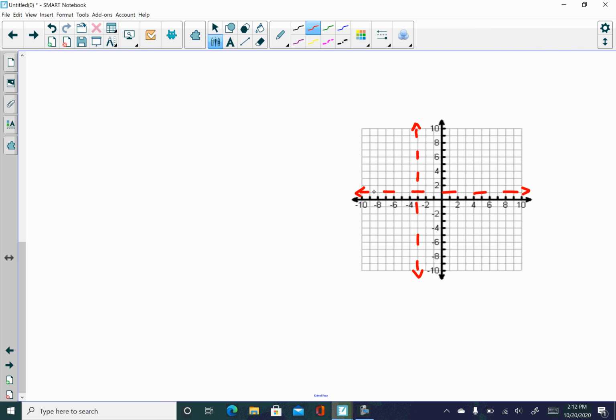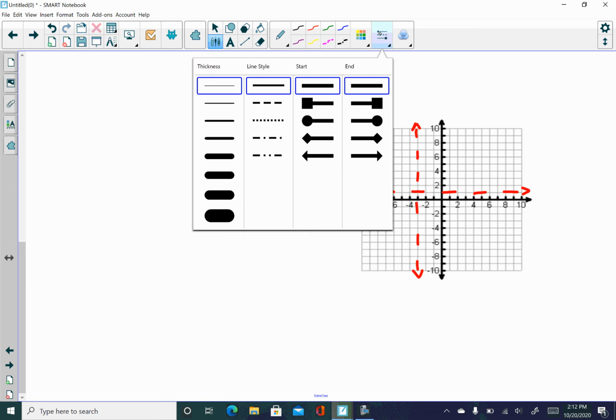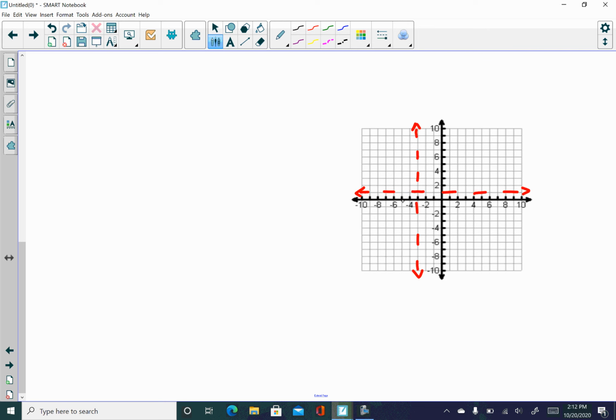We had a hole at negative 5, 5/2, and remember, 5/2 is 2.5, so I'm just going to make that little hole there. And I had an x and y-intercept down here at 0, 0.